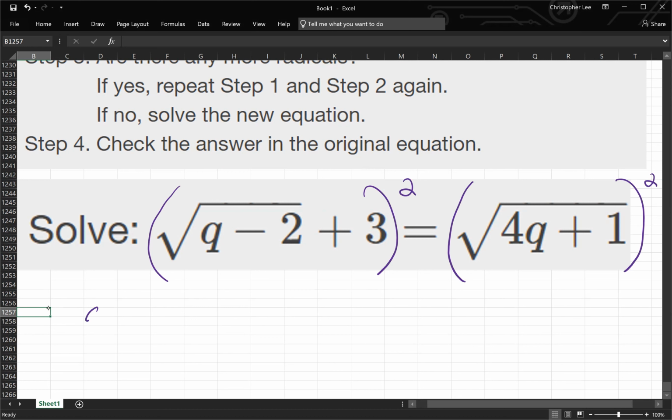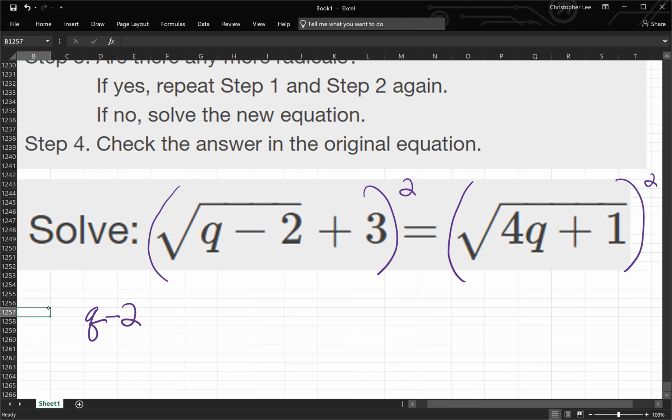I have Q minus 2, right? Square that too. Do that. Yeah, that would be like 9 times whatever, without the square root. So like 9 open parentheses and whatever's inside the square root.